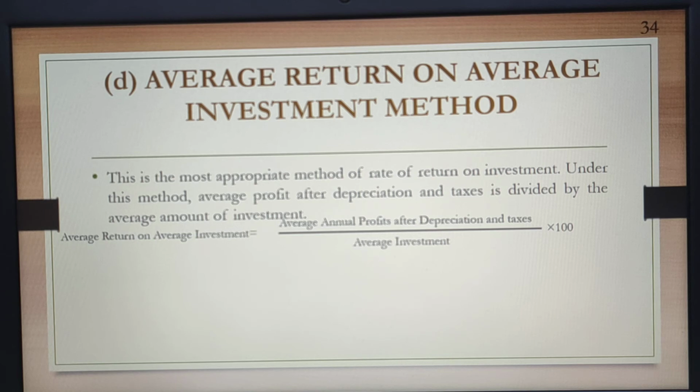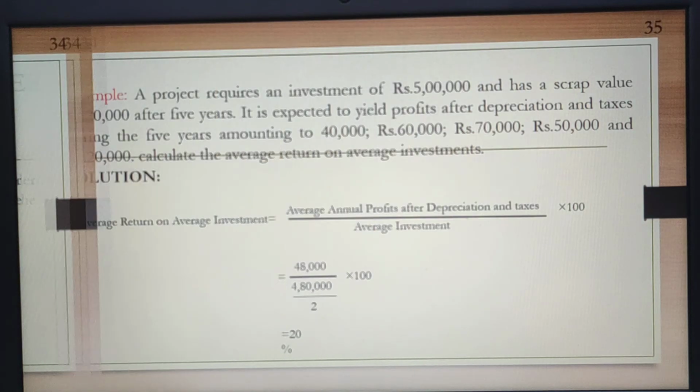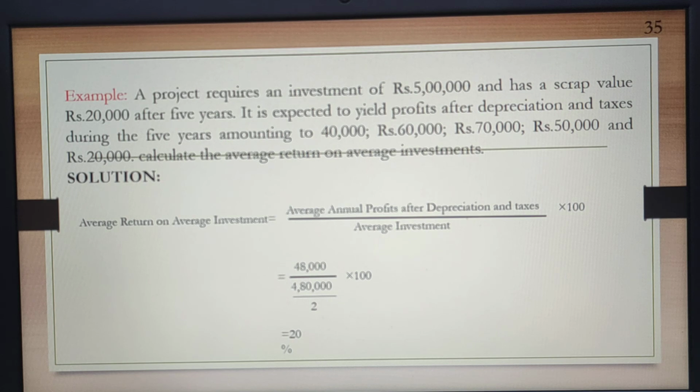The average rate of return on investment equals average annual profit after depreciation and taxes upon average investment. Now take an example. A project requires an investment of 5 lakh and has a scrap value of 20,000 and its profit is 40,000, 60,000, 70,000, 50,000 and 20,000.